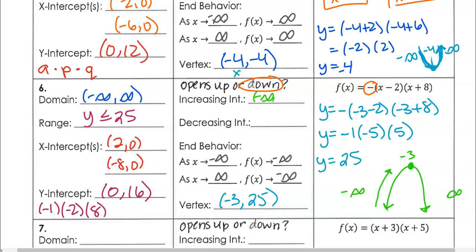So negative infinity to negative 3. As we continue to walk from the x value of negative 3 to infinity, my y values are doing what? They are decreasing. Is that making more sense? The intervals of increase and decrease? Okay.